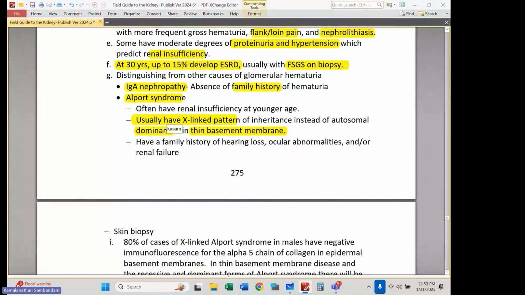Or I might call it autosomal dominant thin basement membrane, right? Because that one mutant allele is still causing a disease presentation. It's just a benign disease, right? Again, complicated nomenclature, right?